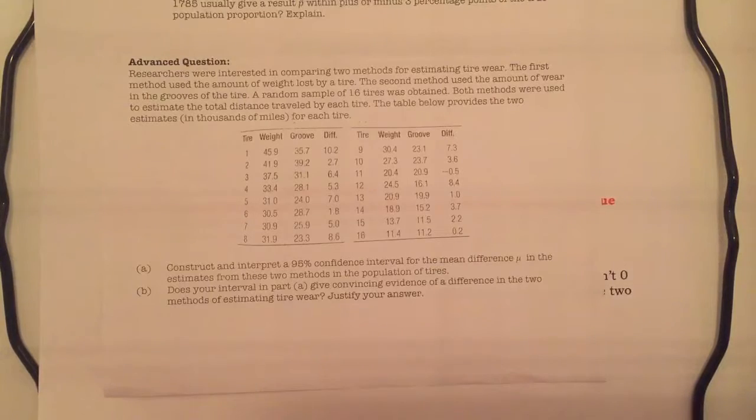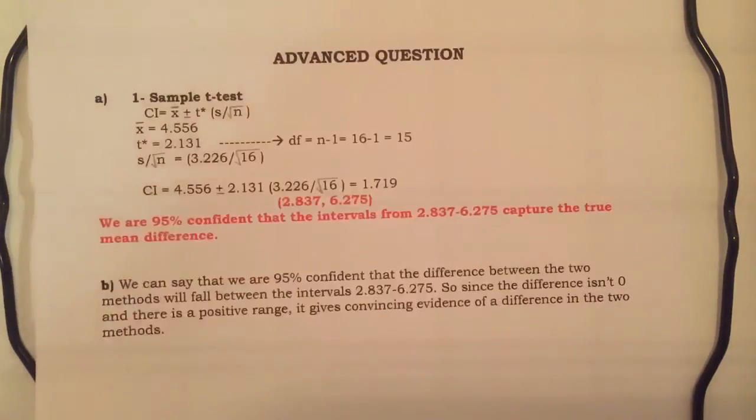Part A asks, construct and interpret a 95% confidence interval for the mean difference mu in the estimates from these two methods in the population of tires. So what I did is I used a one sample t procedure, and the confidence interval equation is x bar plus or minus t star times the standard deviation divided by the square root of n.